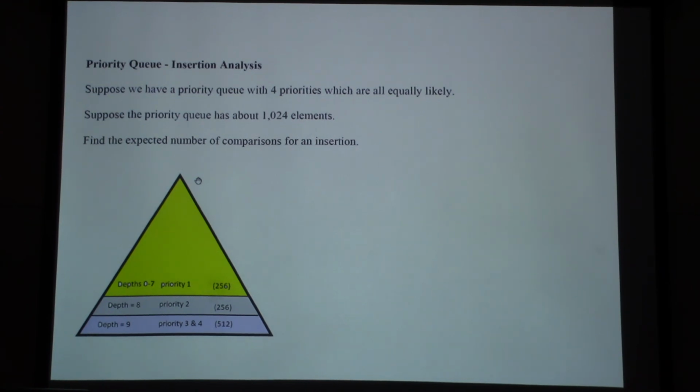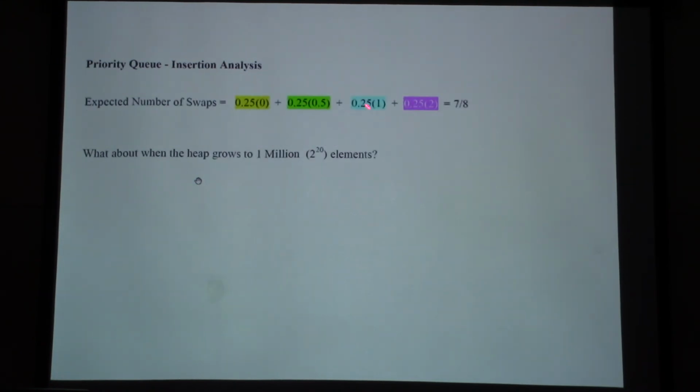As n goes to infinity, it's going to tend to approximate that. So, as a priority 2 comes in, it will swap once. How about twice? No, it doesn't need to. Because once I'm here, I swap this element for this element, now my parent is a 2, I'm a 2, I stay. There's no violation. So therefore, 25% of the time, 1 swap.